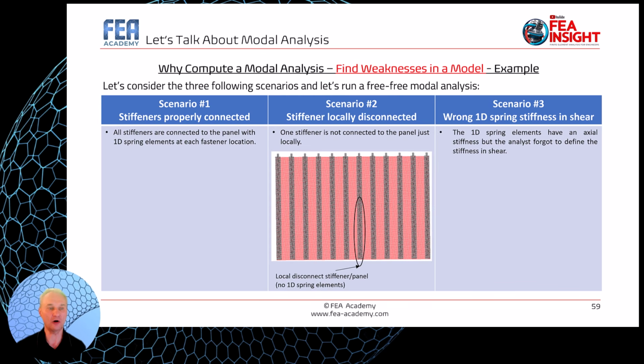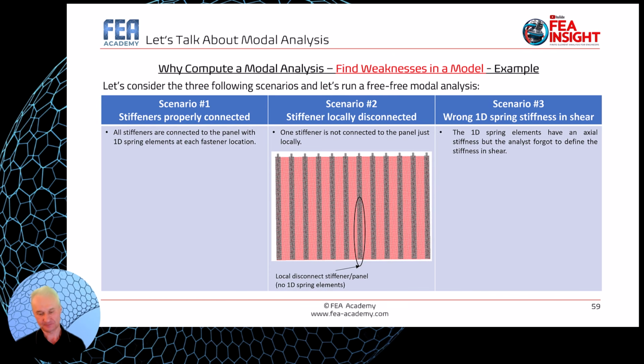So here are the 3 scenarios, and I ran them using the same solver, the same solution, a normal mode analysis. We call that the free modal analysis in the sense that we don't apply any boundary conditions. So what do we expect? We expect 6 rigid body modes.